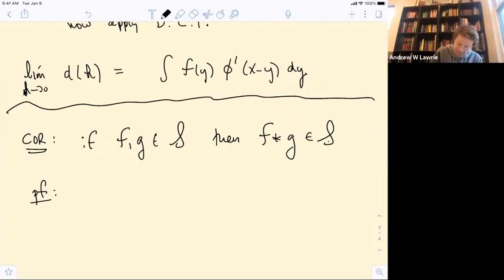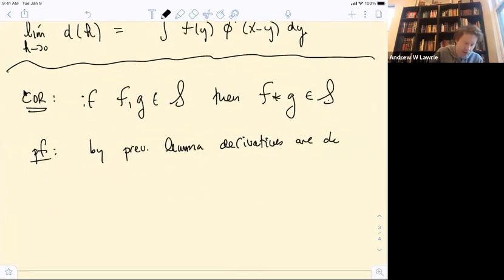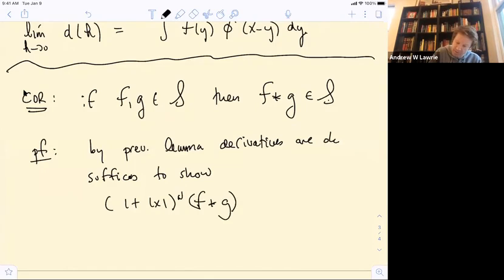By the previous lemma, the derivatives are okay, and it suffices to show that (1 plus |x|) to the n times the convolution is bounded for every n.